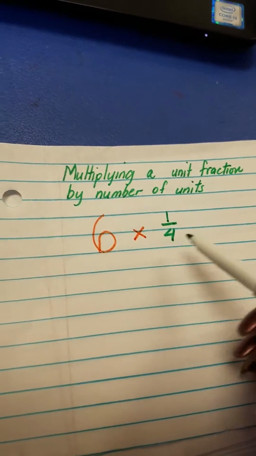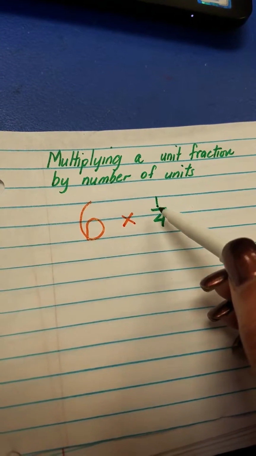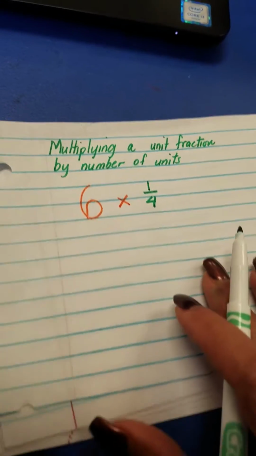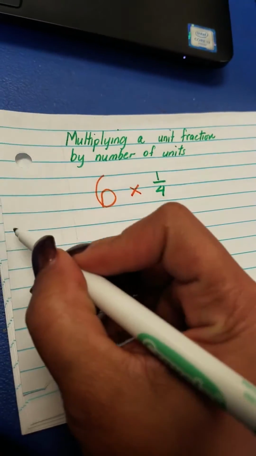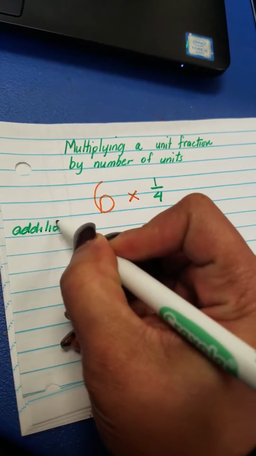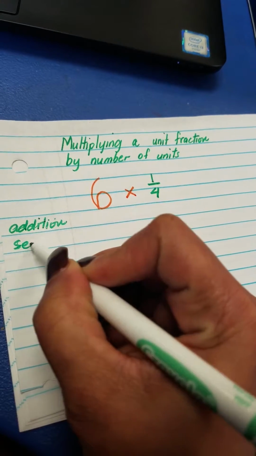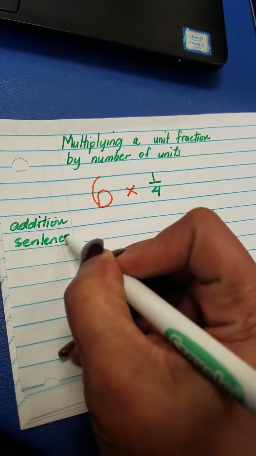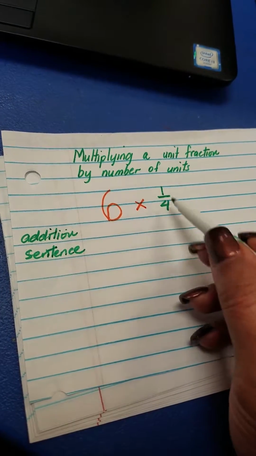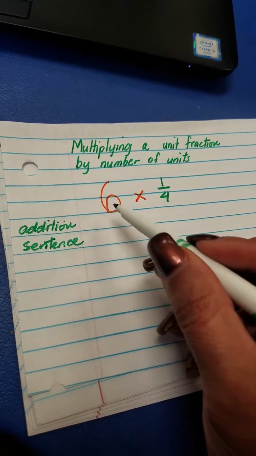So here it's telling me I have a unit of 1/4, and I need to represent that 1/4 unit 6 times. Now the first thing we're going to do is write it as an addition sentence. An addition sentence for this means I need to repeat my unit fraction by the number of units.